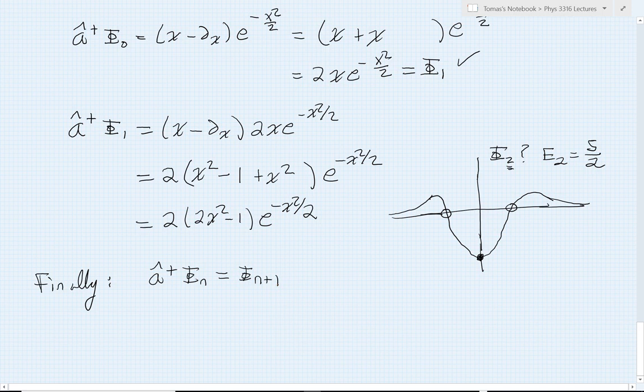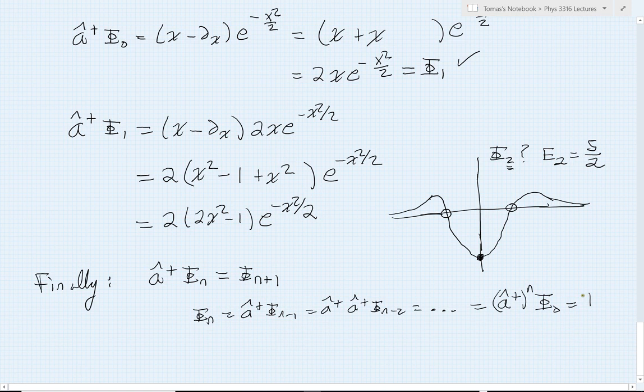And if you just think about this type of an operation, notice that then phi n is my operator applied on the preceding state, and the preceding state is the operator applied to the state before it, and you can continue in this way, and you will realize that at the end of the day, to get the nth state, I will get there by applying this dagger operator n times onto the ground state to get me my nth excited state.